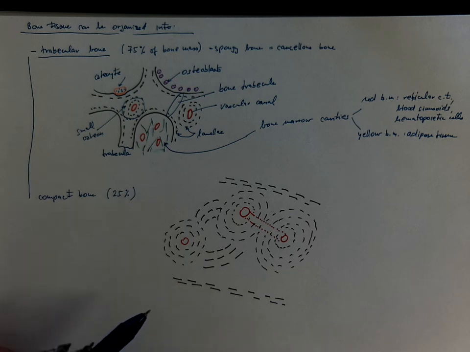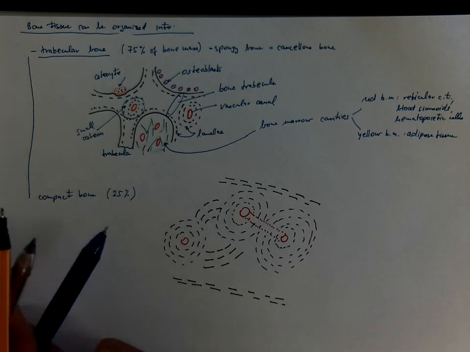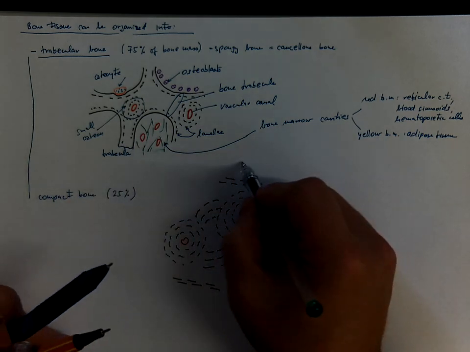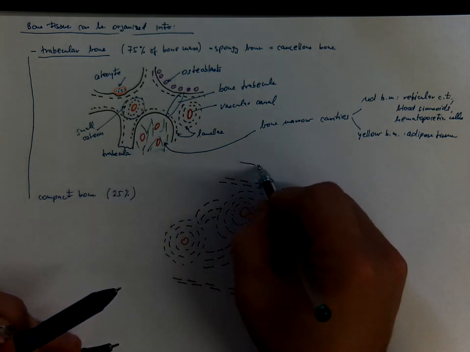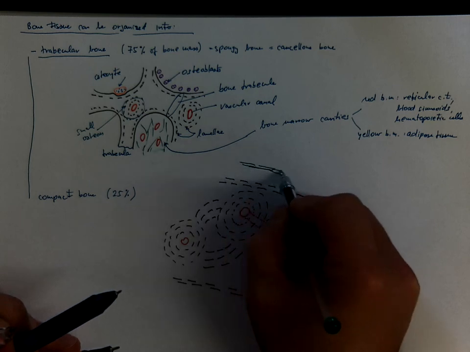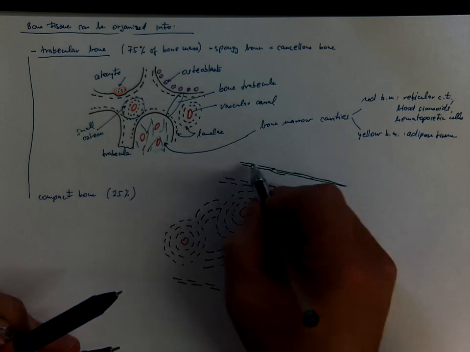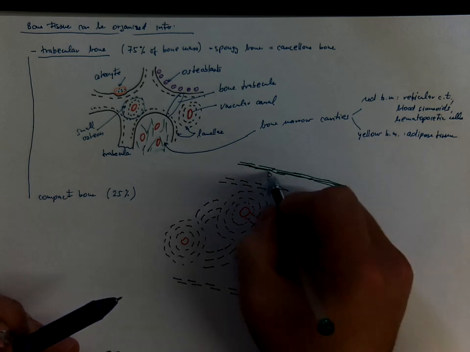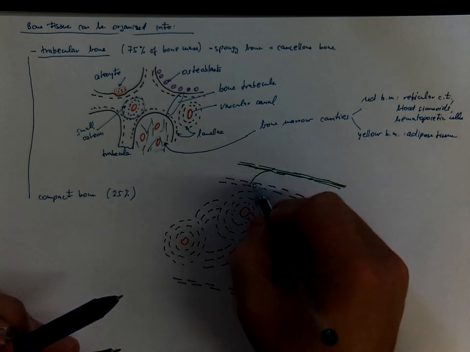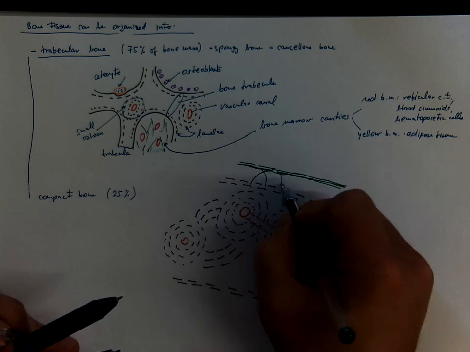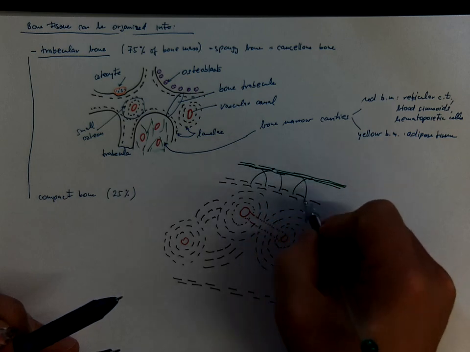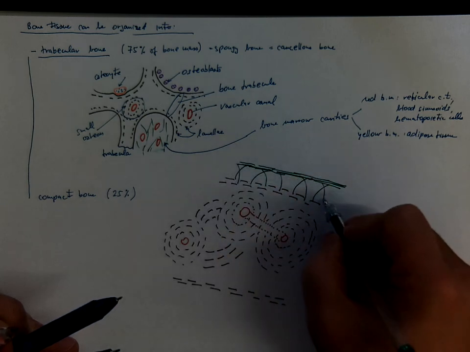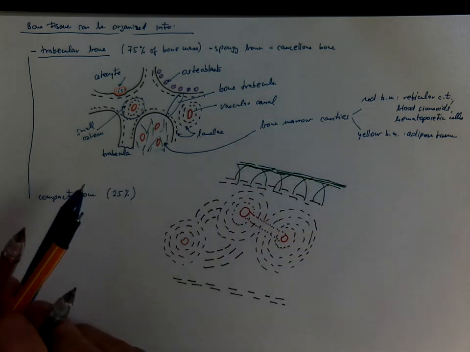The outer aspect of the bone is covered by periosteum. Periosteum is a connective tissue layer, and it has two major sublayers, the outer being more fibrous, made of type 1 collagen, and this sends thick bundles of collagen fibers projecting into the surface of the cortical bone.